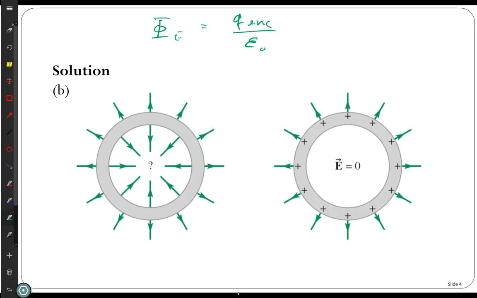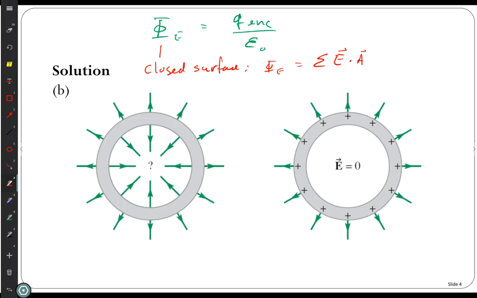And so, not written, but meaning here, you have to have a closed surface, and the electric flux is equal to the sum over all pieces of the surface of the electric field dotted to the area.